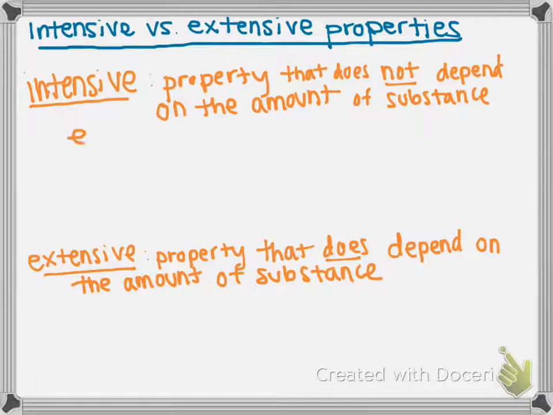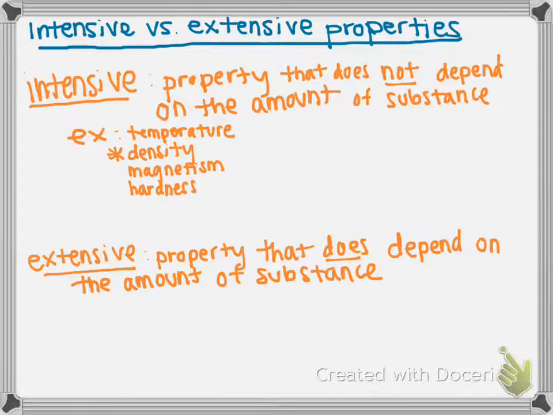Some examples of intensive properties are temperature, density, and this one's almost always going to be asked, magnetism, hardness, viscosity, odor or smell, and then melting point and boiling point.